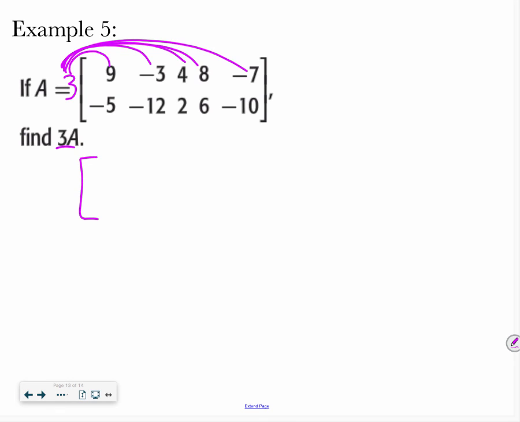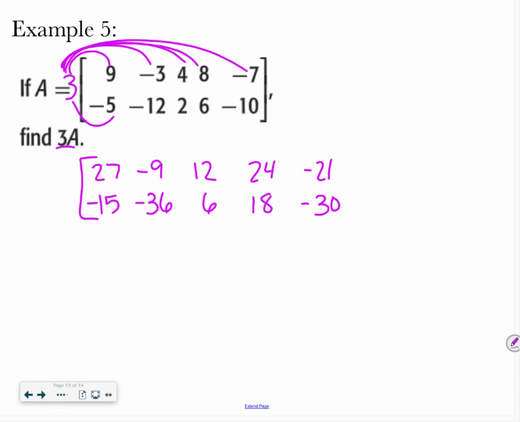So what is 3 times 9? 27. 3 times negative 5 is negative 15. 3 times negative 3 is negative 9. 3 times negative 12 is negative 36. 3 times 4 is 12. 3 times 2, 6. And I just keep going until I finish multiplying everything inside that matrix by 3 to get my answer.